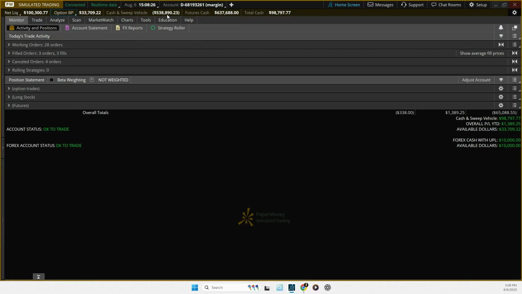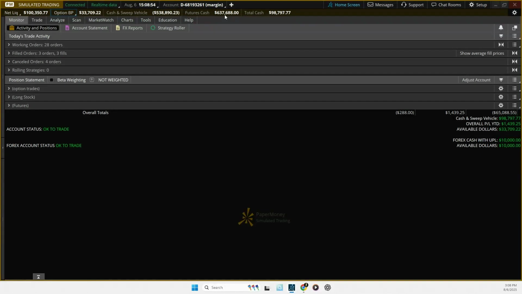So this cash and sweep vehicle shows the amount of cash that you have in your Schwab trading account. But technically, the futures side is happening maybe by a third party, maybe not technically in specifically Schwab. So it's done somewhere else, and there's probably other reasons than that.